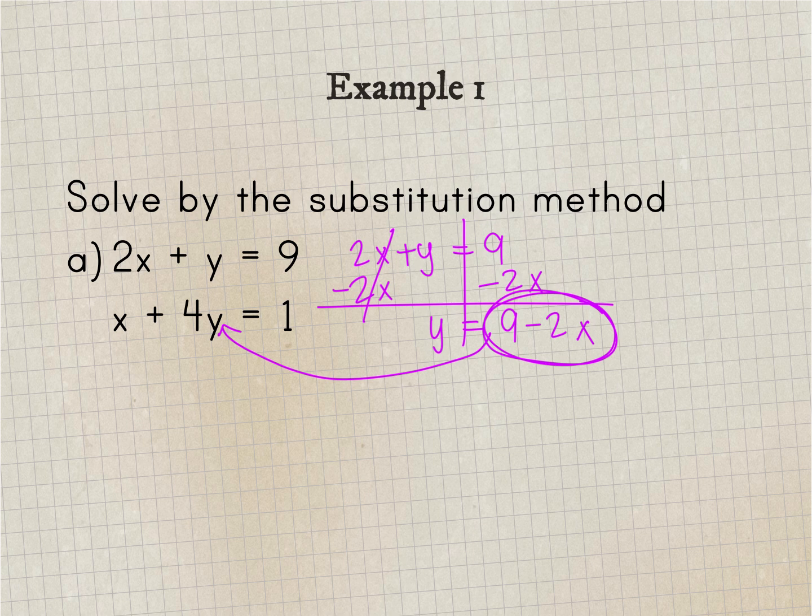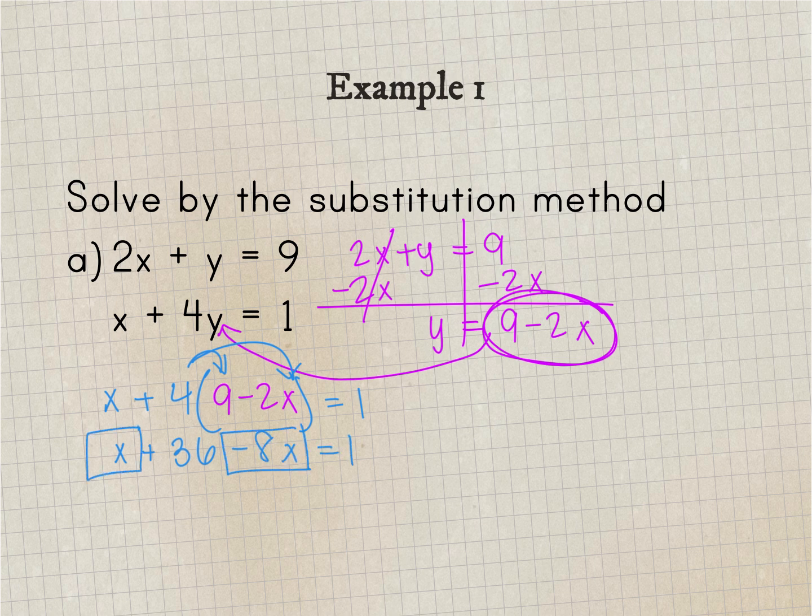So now I'm going to have x plus 4 times 9 minus 2x equals 1. I'm going to go ahead and distribute. I'm going to solve for x. X plus 36 minus 8x equals 1. Combine my like terms.